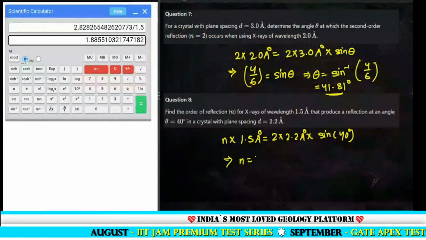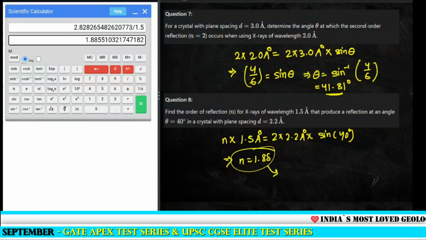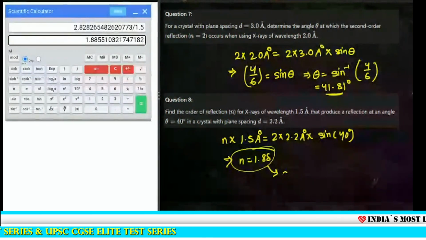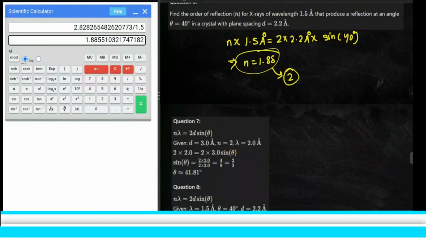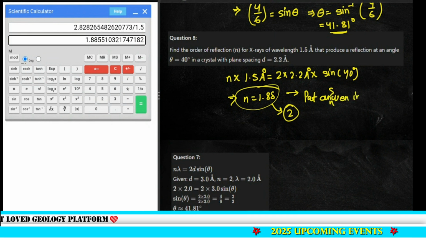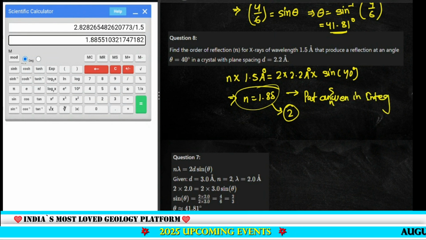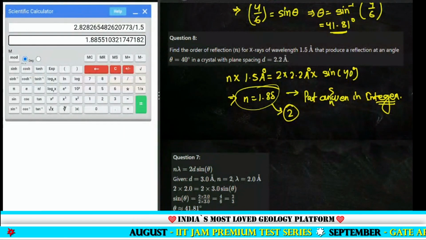That will be 1.88, but if you see the nearest one, it can be asked in an MCQ, the nearest one will be 2. Okay, this will be the second order. What will they ask? It is going to be asked to give your answer in integer. The nearest integer will be, because n is an integer, 2.